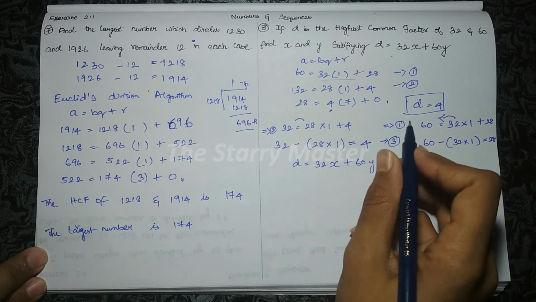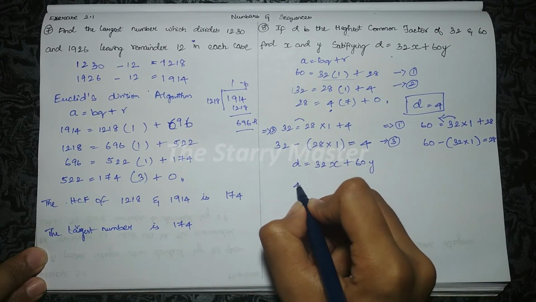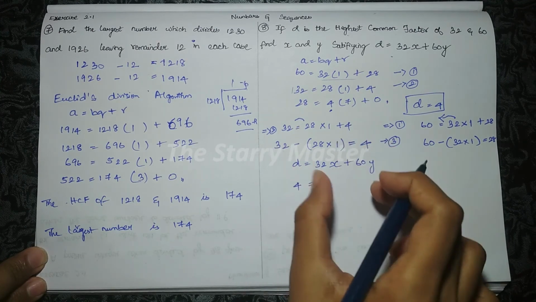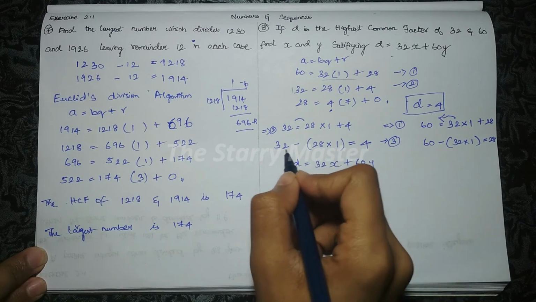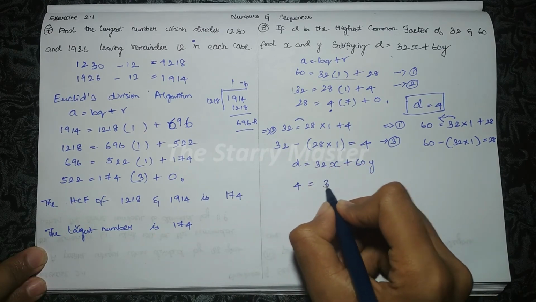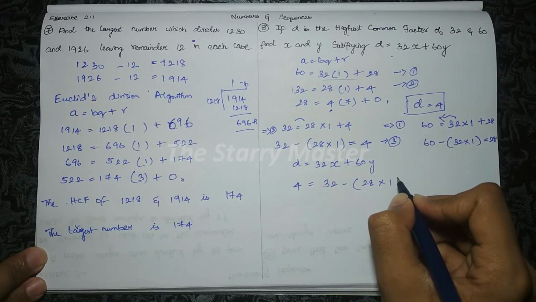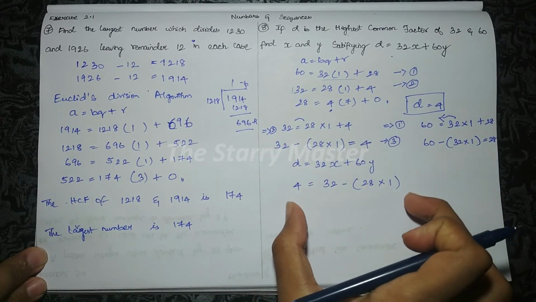So in place of d we have taken 4. In place of 32 we have to write this full value: 4 equals 32 minus 28 into 1. This value we have taken and written here.